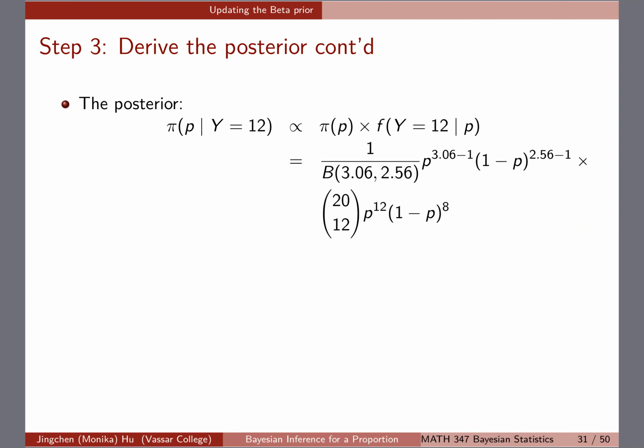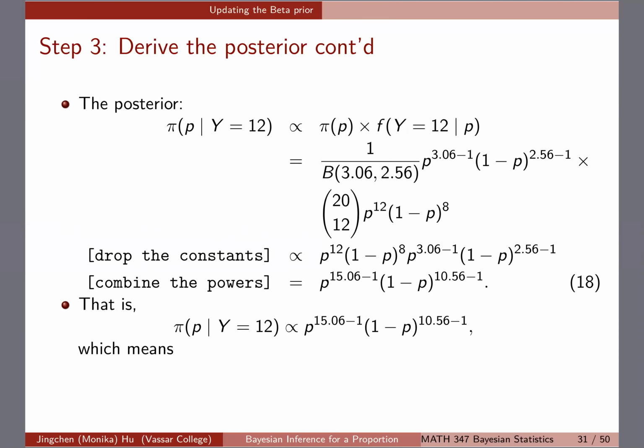If we express the whole thing, I put everything here for now. But then immediately you can throw away those constants into the proportional sign and only focus on the random part. The random part is p to some power times 1 minus p to some power, and then again p to some power, and 1 minus p to some power. And you can combine those powers. So if you drop the constant, you get to the second last line.